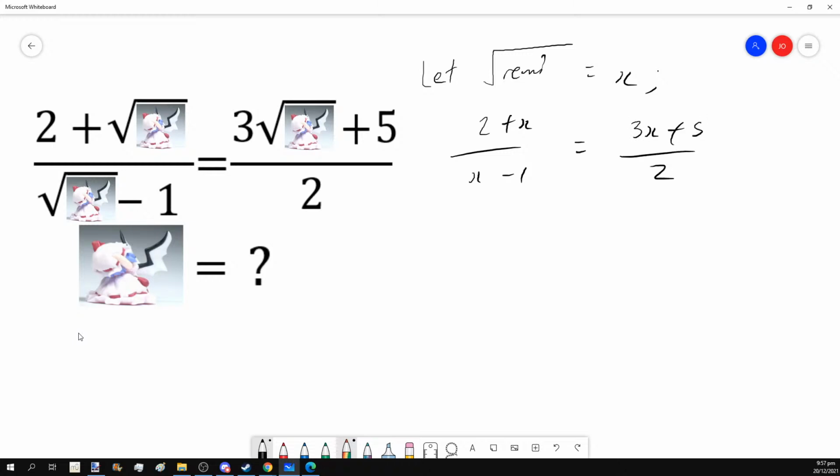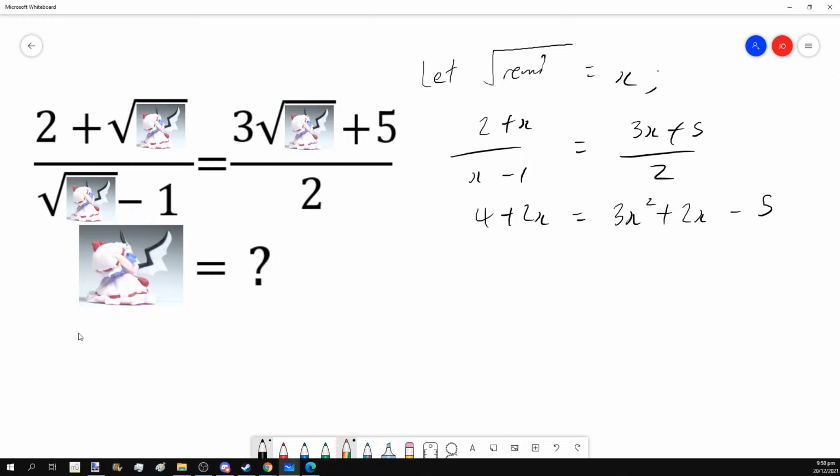From here, it is straightforward to cross multiply, and you should get 3x squared plus 2x minus 5. Right, so we have 4 plus 2x equals 3x squared plus 2x minus 5.